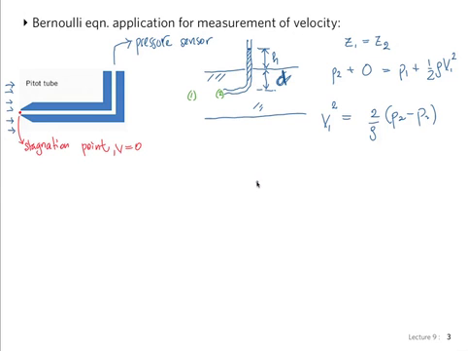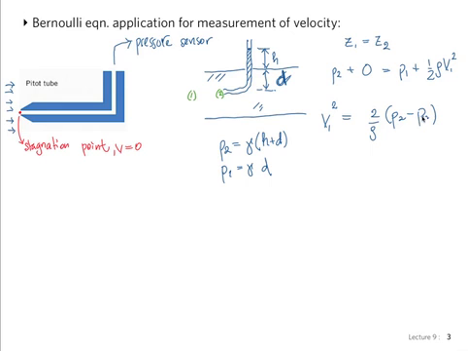Say P2, if I measure that height, is going to be gamma times (H plus D). P1 is going to be gamma D simply.